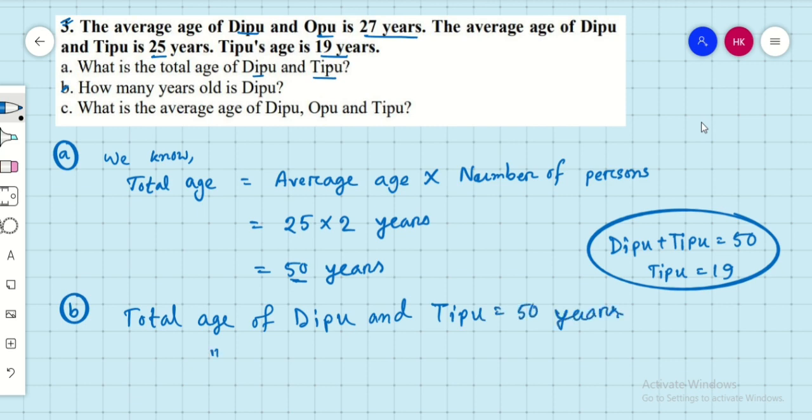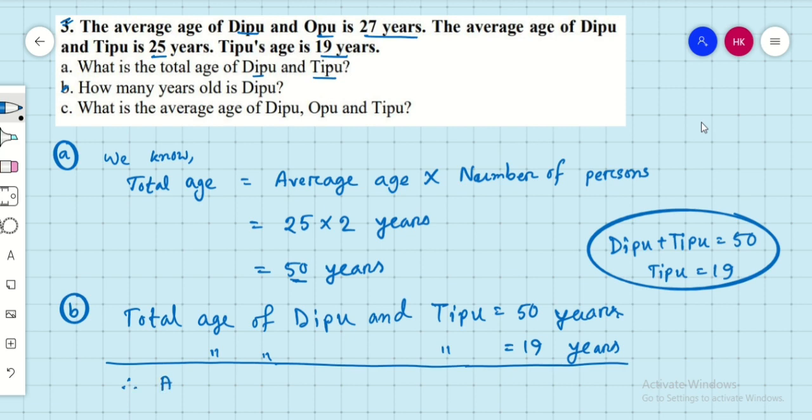Now we can write age of Tipu is equal to 19 years. Now we want to subtract. If we subtract, we can write age of Deepu is equal to 31 years.